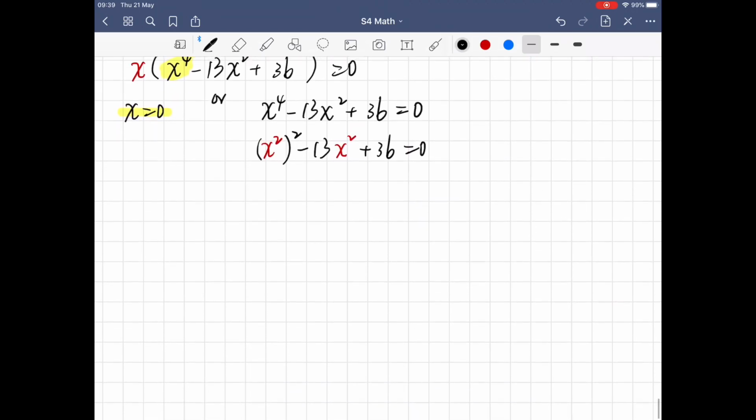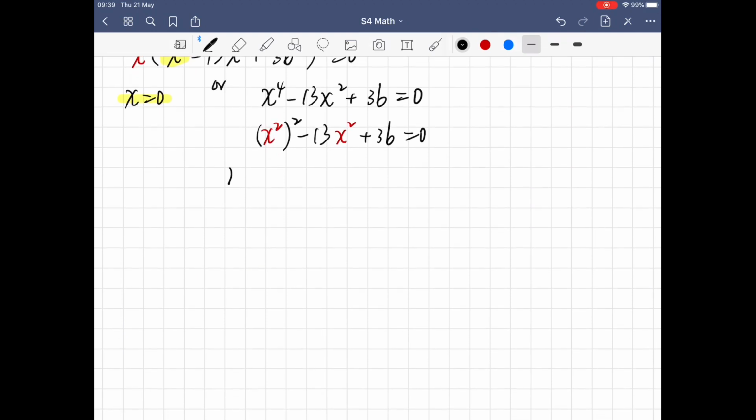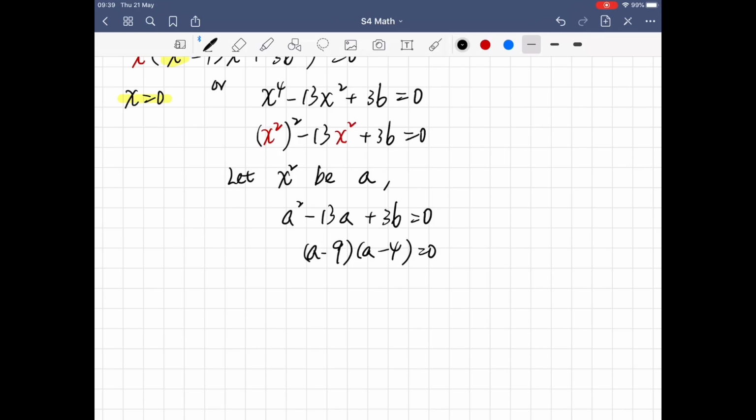Afterwards we can let x squared be a, so that it will become a squared minus 13a plus 36 equal to 0, and then we have (a minus 9)(a minus 4) equal to 0, and we can get two answers, a equals 9 or a equals 4. Afterwards, we substitute back x squared into the question.